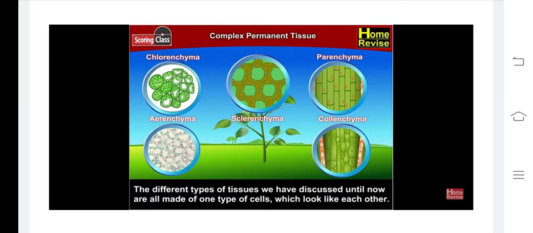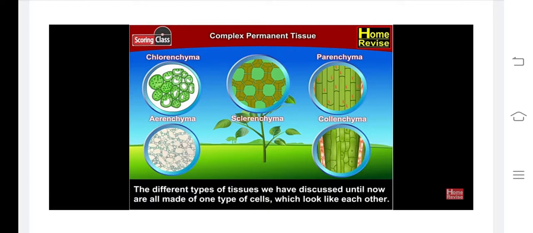The other type is called complex permanent tissue. What are the two different categories of tissues? Plant tissues and animal tissues. Plant tissues again consist of simple permanent tissues and complex permanent tissues.